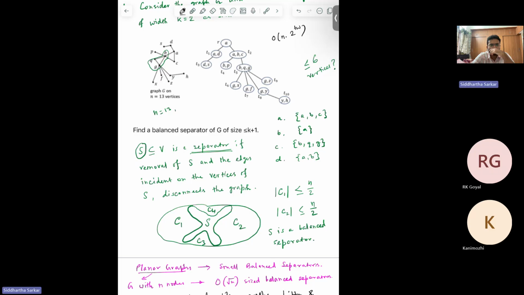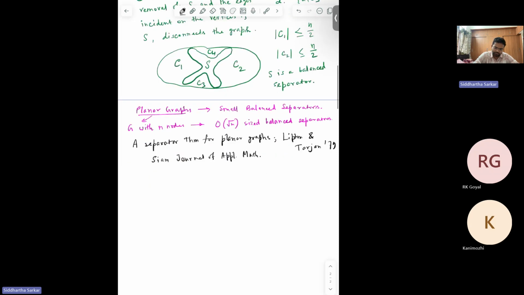For example, if there is a grid graph, let me draw this. A grid graph is like this. I'm drawing a 5 by 5 grid. You can understand that this is not looking like a tree at all.